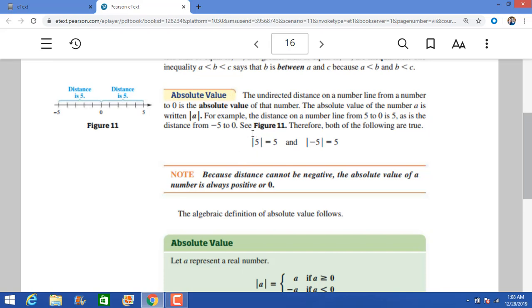So if we want the absolute value of 5, well, how many units is 5 from 0? The answer is 5. And if we want the absolute value of negative 5, again, how many units away from 0 is negative 5? Well, the answer is 5. So the absolute value of a number is always the positive value of that number. Now, because distance cannot be negative, the absolute value is always positive or 0.